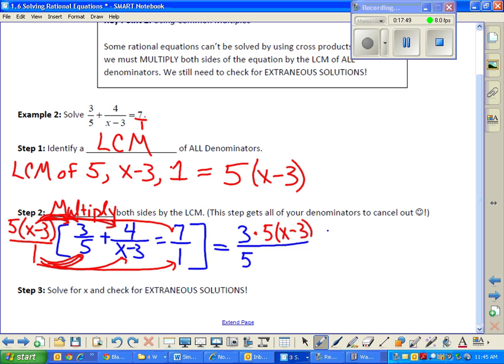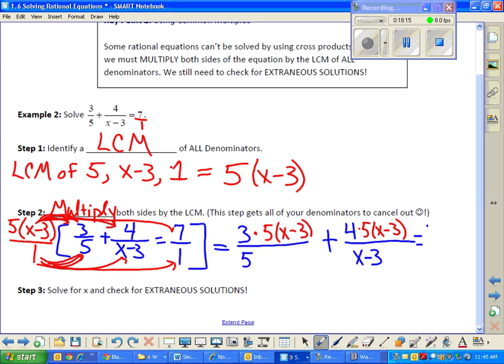Bring down my plus. And then I have to distribute that 5 times x minus 3 to the 4. So this is 4 times 5 times x minus 3. And then that is over 1 times x minus 3, which just stays x minus 3.